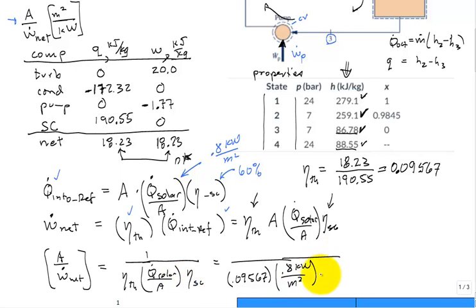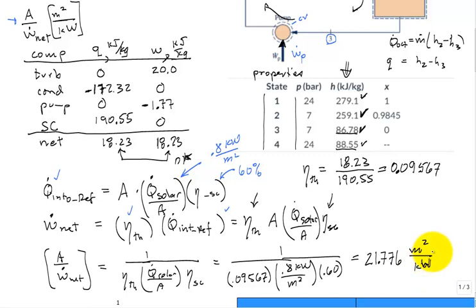This is our 0.60, and you get 21.776 meters squared of solar collector area needed per kilowatt of net power out of the plant.